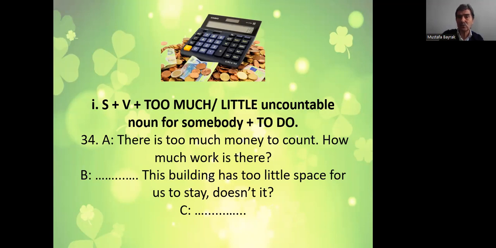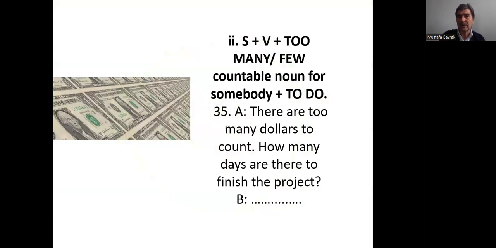This building has too little space, okay? This building has too little space for us to stay, doesn't it? Yes, you are right. This building has too little space for us to stay, so we cannot stay in that building. Roman number 3, again, after verb, too many, too few for countable nouns to do something.